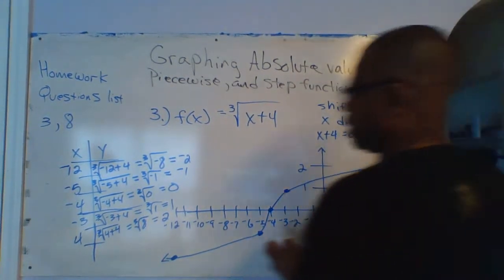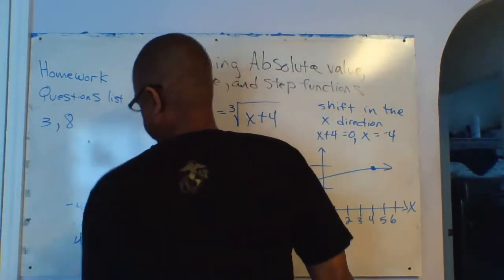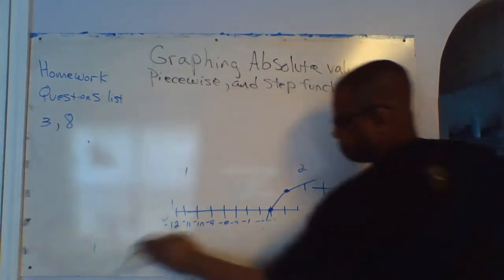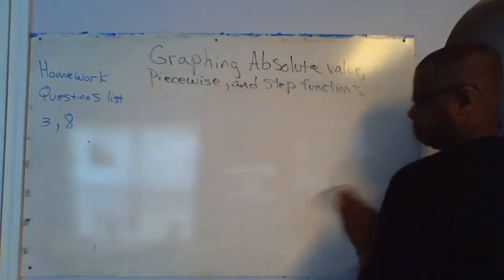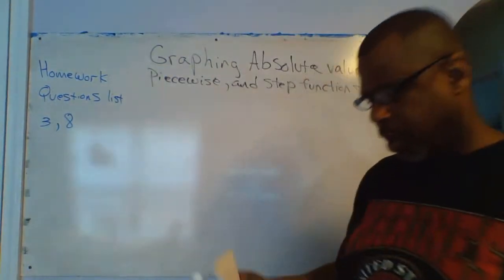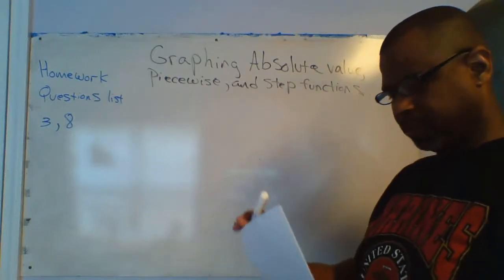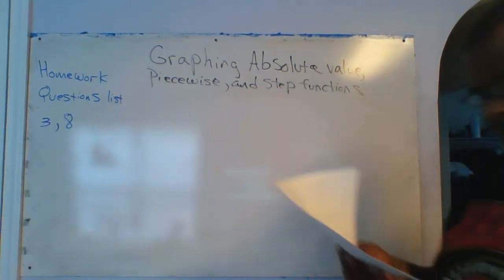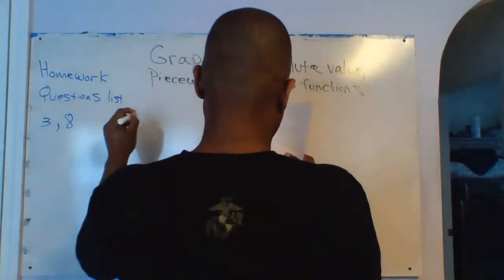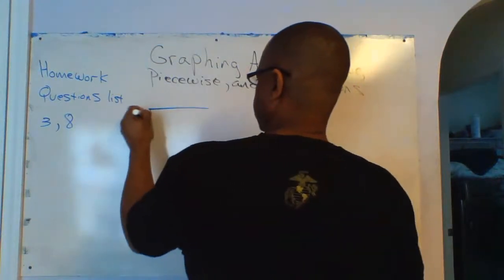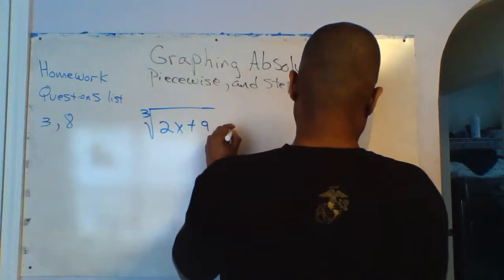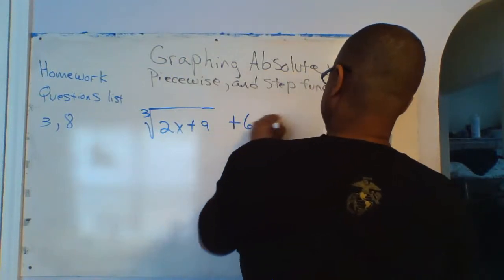So let's go to number 8. For number 8, we have the cube root of 2x plus 9, plus 6, equals 8.